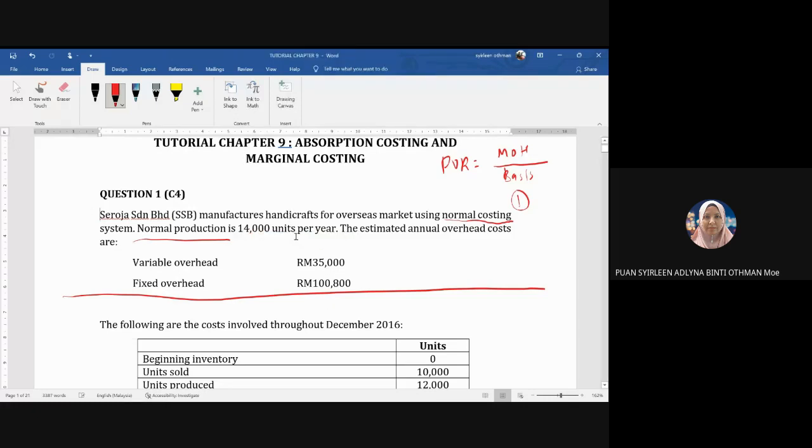Okay, so here kalau you tengok dalam soalan, we have one estimated value untuk variable and one estimated value untuk fixed.